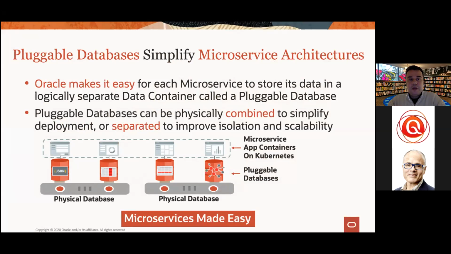First of all, we have the pluggable databases. Pluggable databases are the databases we use to provide isolation and individual containers to store the data for microservices architectures, for example.